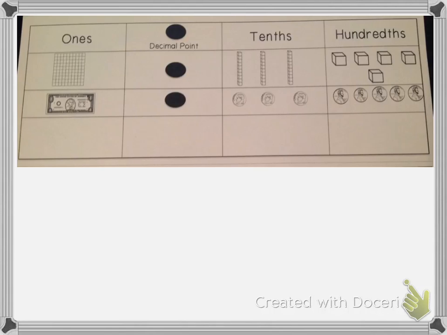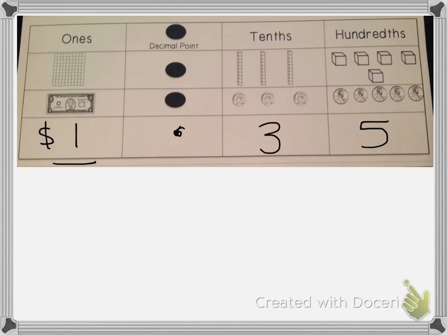So let's look back at our example where we had $1 and 35 cents. So the 1 is the number of wholes that we have. When we talk about money, our whole is $1. So we would have one whole dollar.